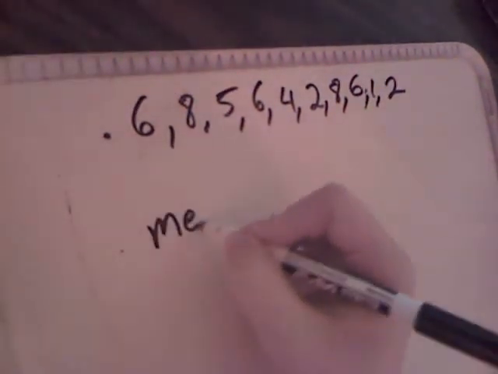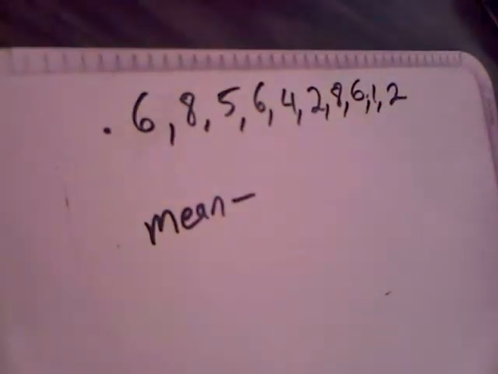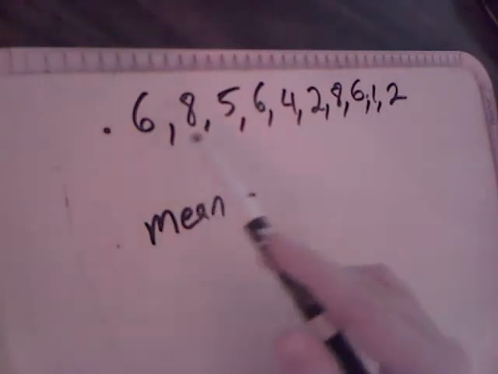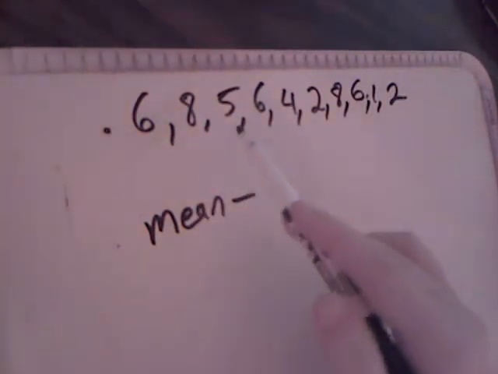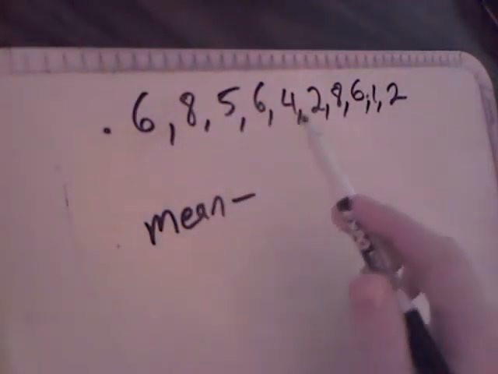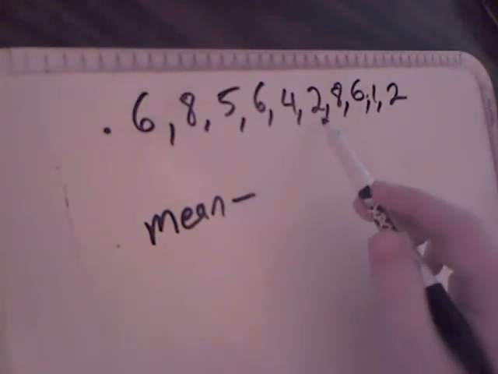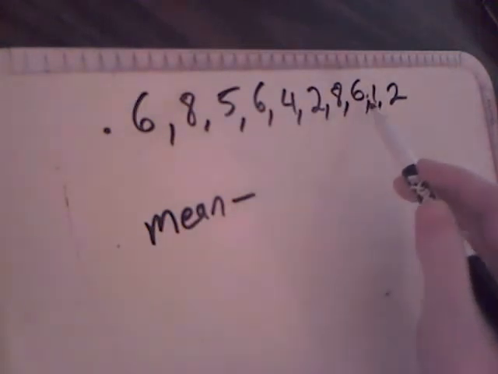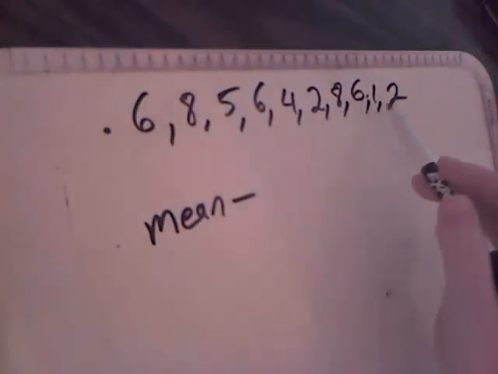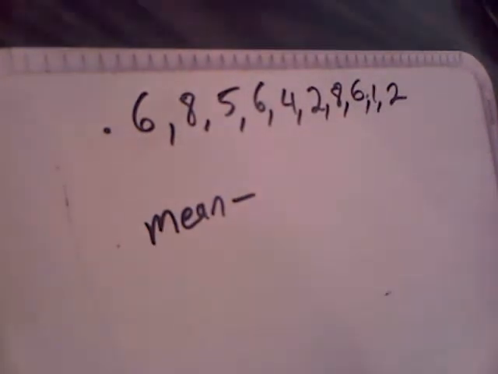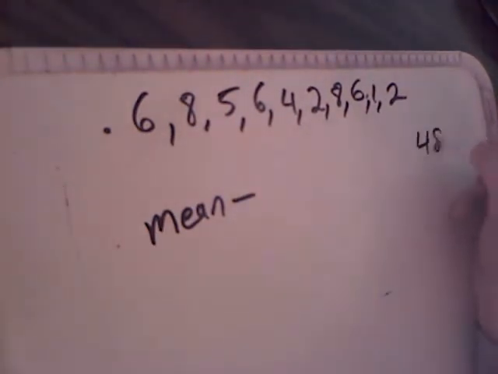We have the mean, which is adding up all the numbers and dividing them. So if I take 6 plus 8 plus 5 plus 6 plus 4 plus 2 plus 8 plus 6 plus 1 plus 2, I'm going to end up with 48.